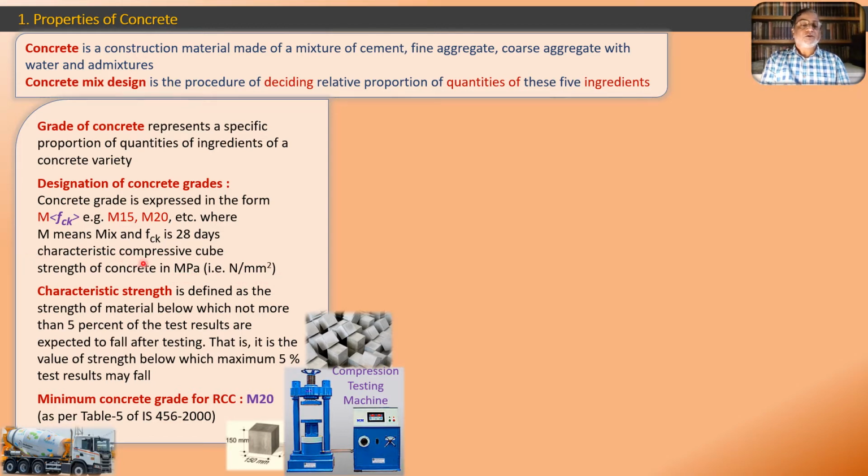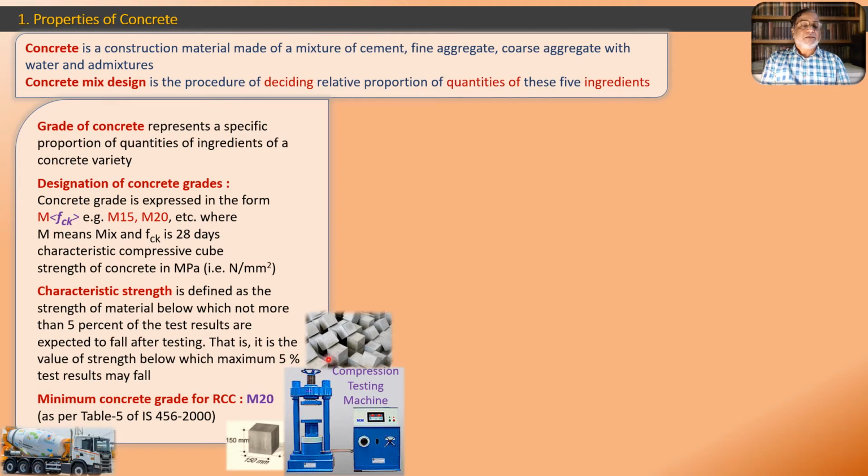So here we come across the term characteristic strength. In my earlier video, I have explained in great detail the concept and the meaning of characteristic strength. As IS 456 defines it, characteristic strength is defined as the strength of material below which not more than 5% of test results are expected to fall after testing.